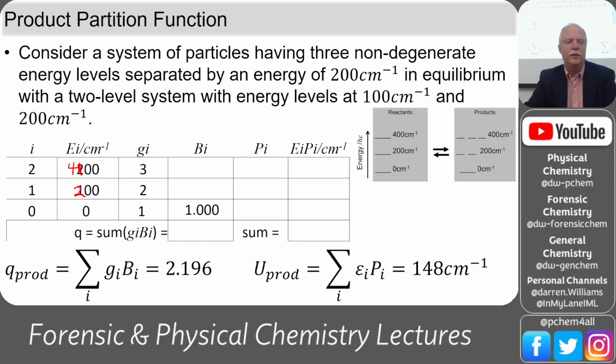And so these are the Boltzmann factors. For the ground state, we have e to the minus 0. For this one, we have 2, that's the degeneracy, times e to the minus 200 over kT. And the kT at room temperature was 200 wave numbers.